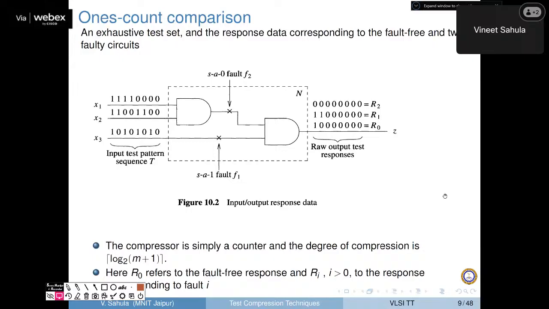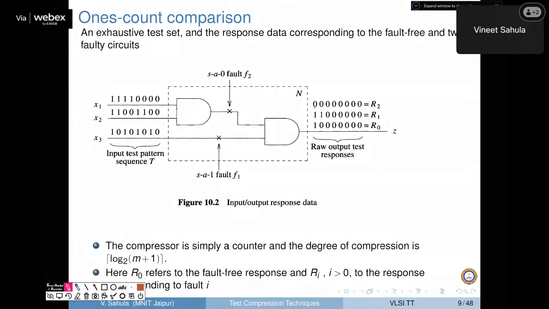So we look at the compression. The compression is the log of the number of output sequences. If we have 8 here, my compression is the ceiling of that number of bits. I may not apply the total exhaustive patterns, all 2 to the power n patterns. I may just apply m number of patterns, which is less than 2 to the power n. So the output sequence will be of length m, which is less than 2 to the power n, 8 in this case.